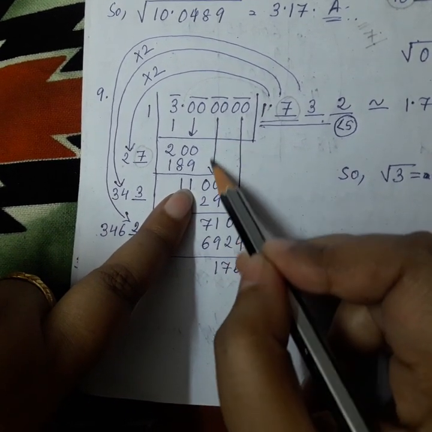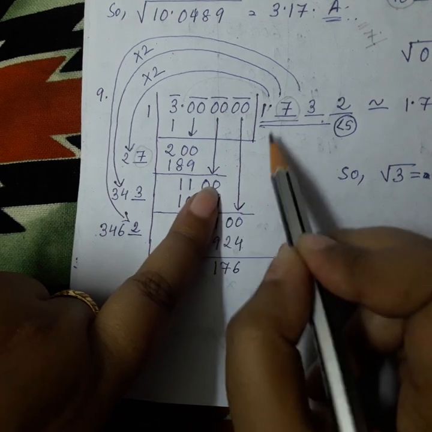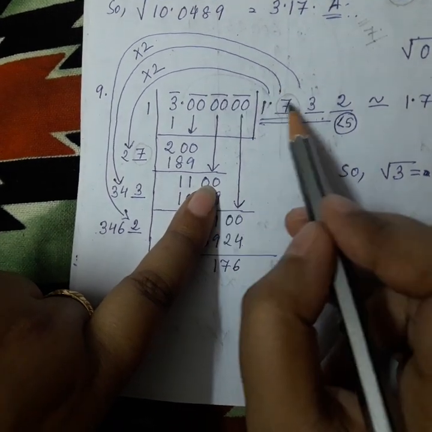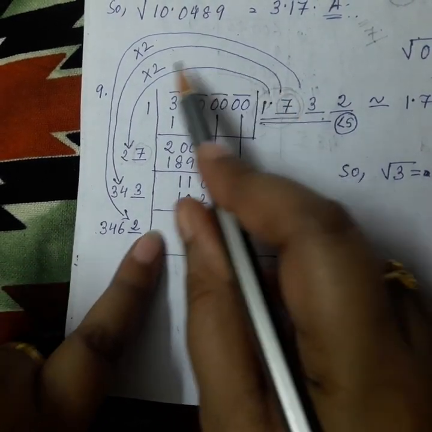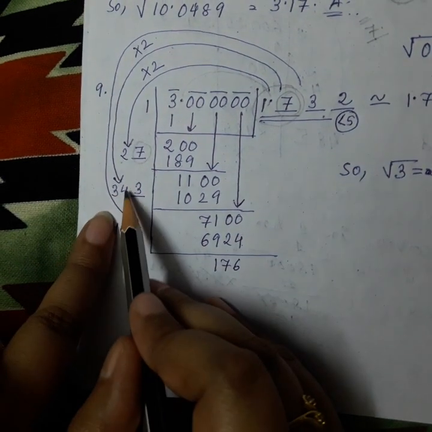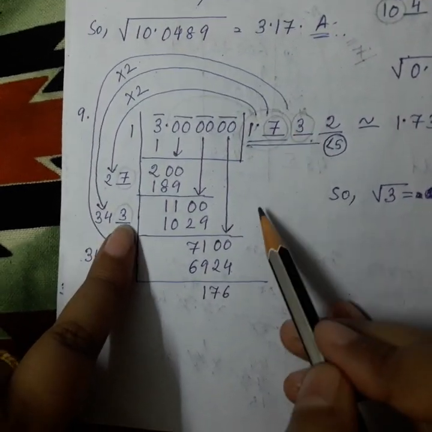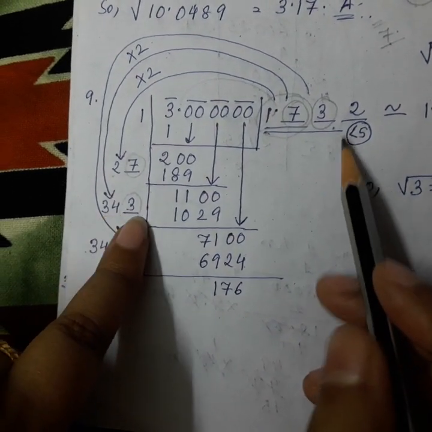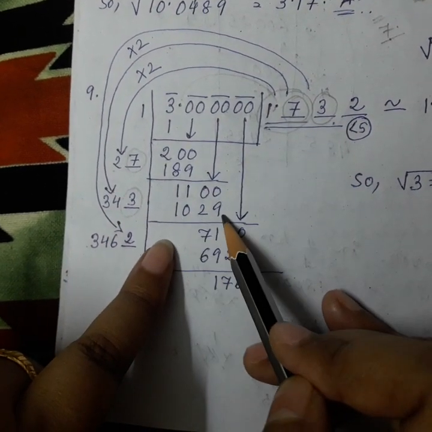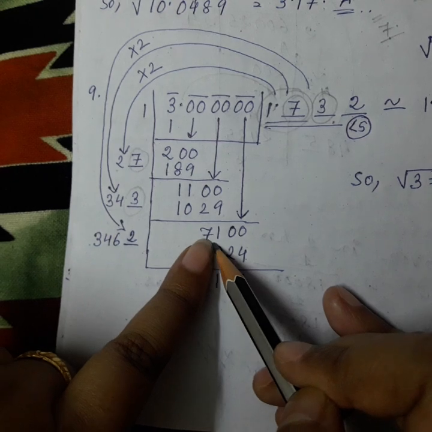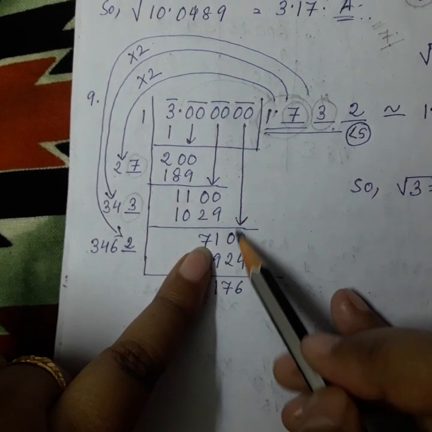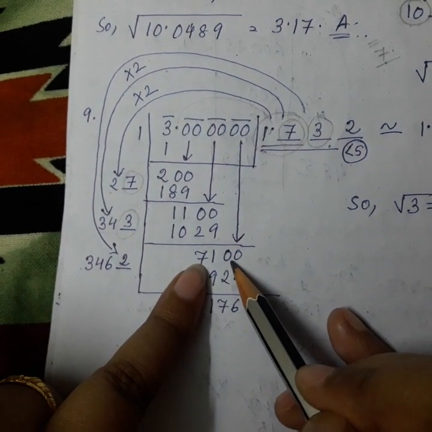Then we have to bring the next pair, double 0. Now see that 17. So we have to double 17. Double of 17 is 34. Now we have to think about this number. Maximum 3 is going. So 343 into 3 is 1029. 71 is coming in the remainder. And then we bring another pair.